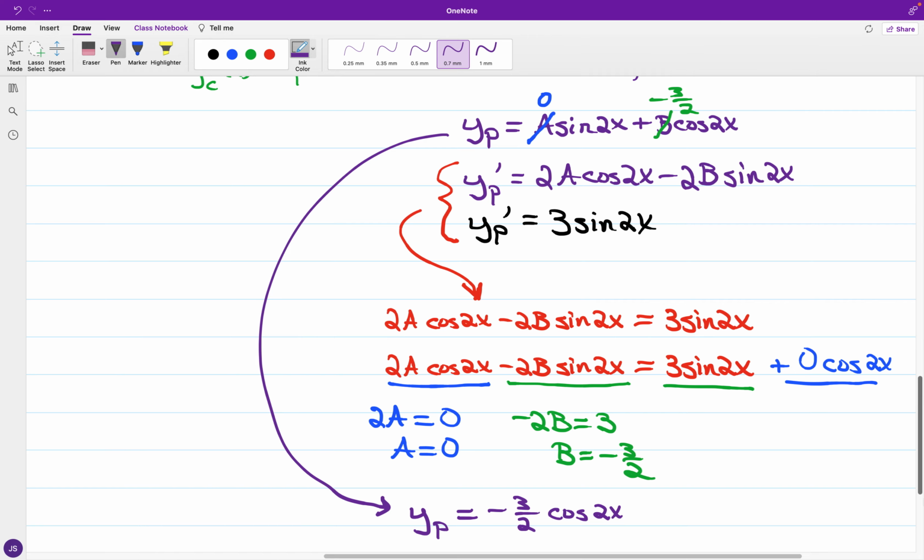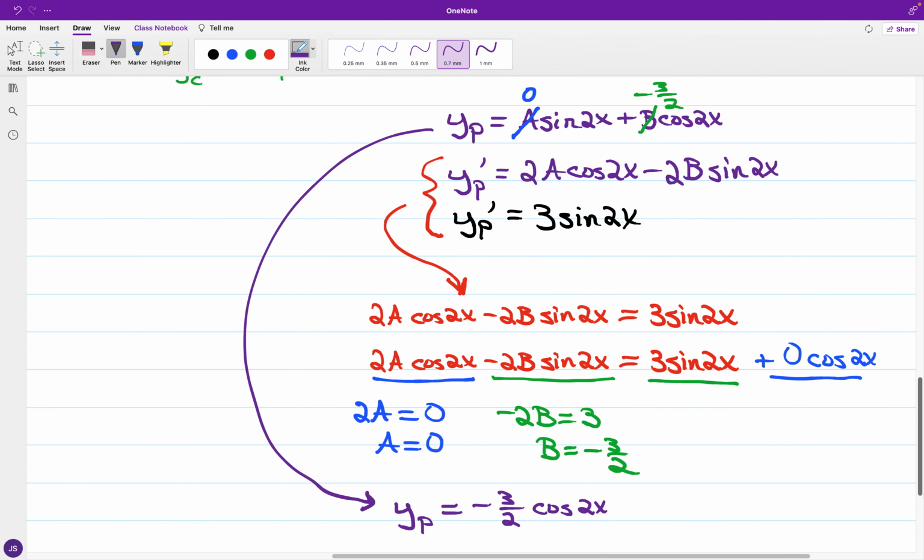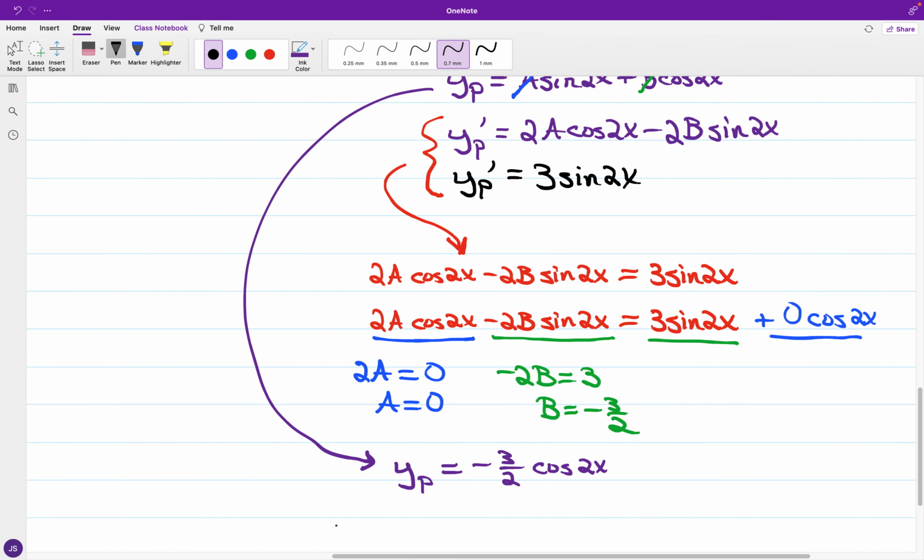And in its entirety, for y, that's just going to be the sum of the particular and the complementary solutions. So this will come out to negative 3 halves of the cosine of 2x plus the constant.